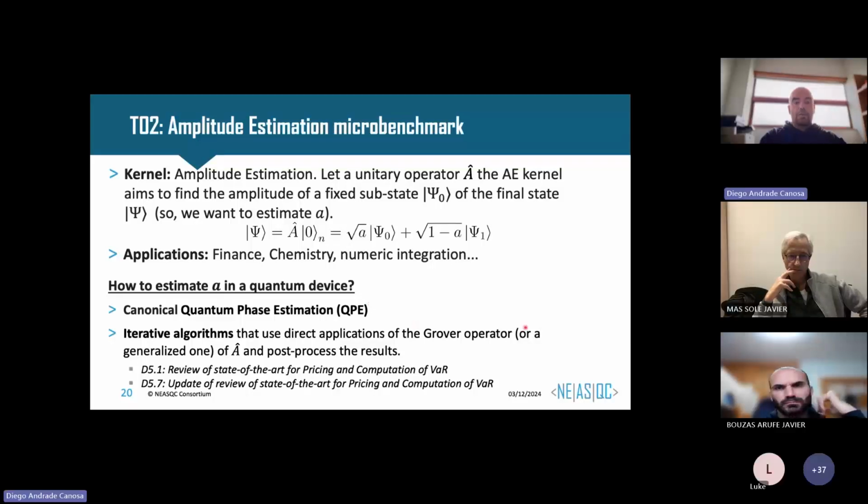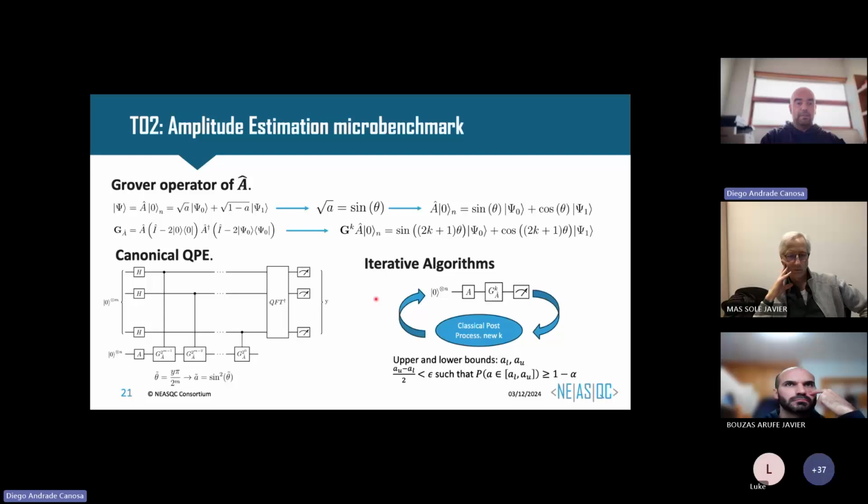So probably in this era of platforms, you are going to prefer an iterative algorithm. But maybe in a few years we are going to have better platforms, and in that case, you are going to prefer to use the quantum phase estimation because it's going to be physically possible to implement.